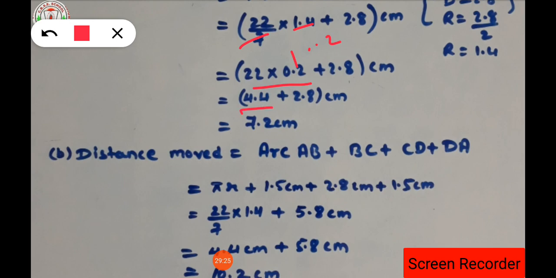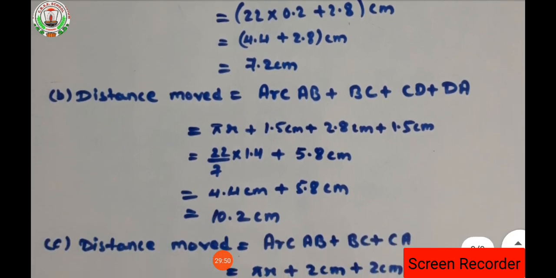Then 4.4 will be added with 2.8. The answer will be 7.2 centimeter. So the perimeter, not area, or distance traveled by the ant in the first figure is 7.2 centimeter.